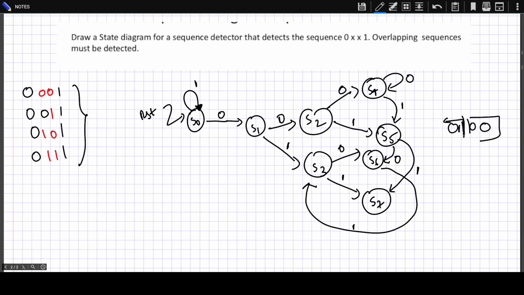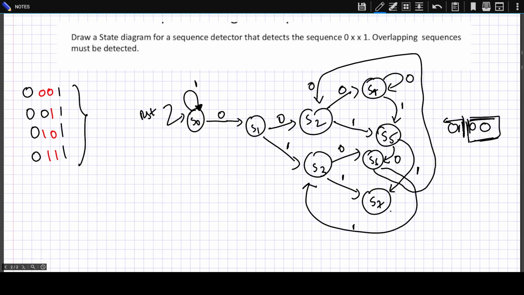We are not detecting 0 1; we are starting from 0 0. So this is the overlapping pattern which is of interest to us. What is the state where it matches 0 0? State S2. So if it gets a 0, go to state S2 from S6.